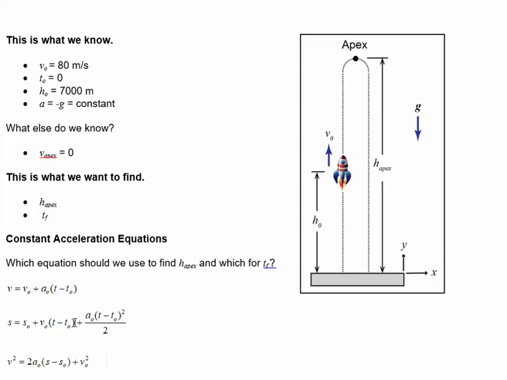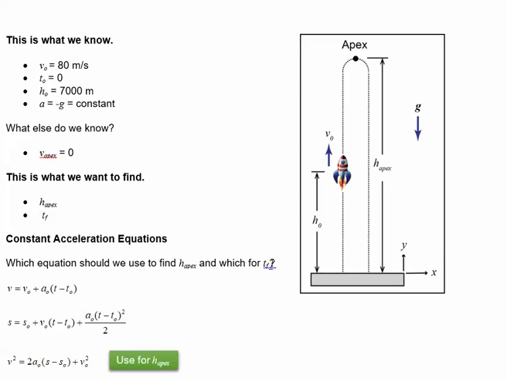The second equation has height, which is represented by the s, but it also has time. And at this point, we don't really know the time that it's going to take for it to get to the apex. The third equation has velocity, which we know, acceleration, which we know, and the height, which is what we want to find. So we're going to use this one to find the height at the apex.